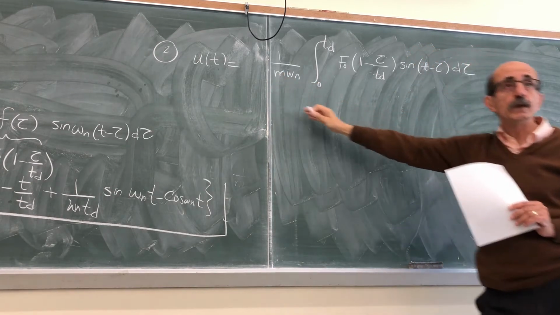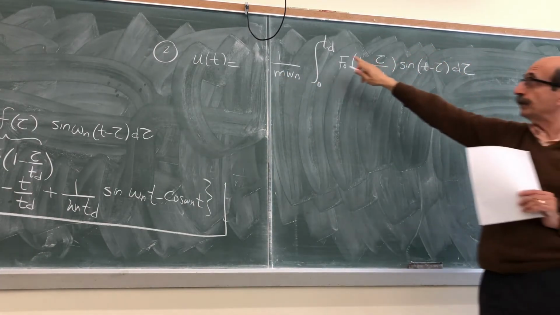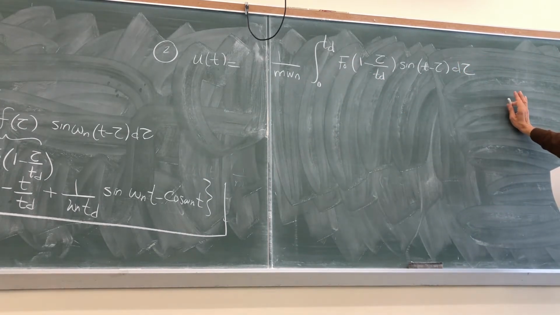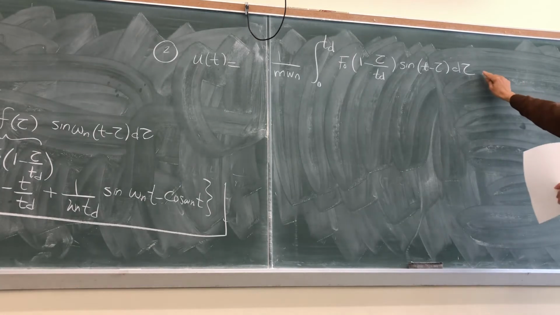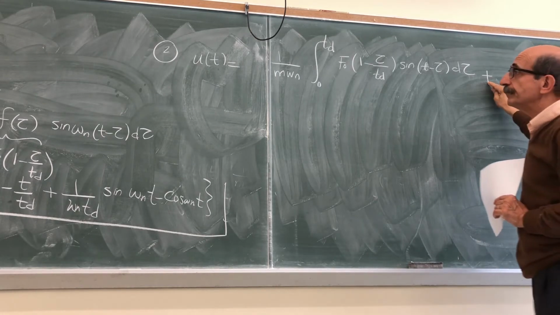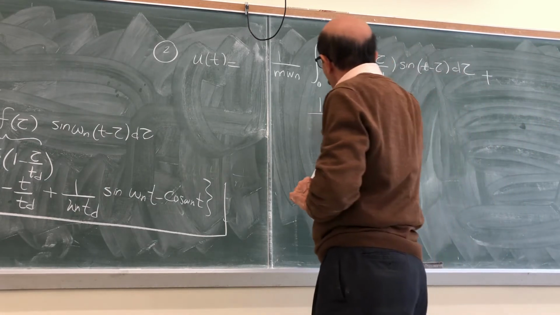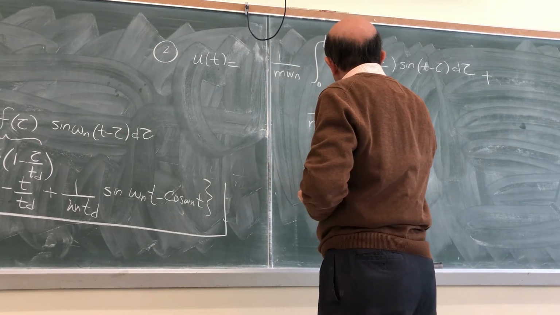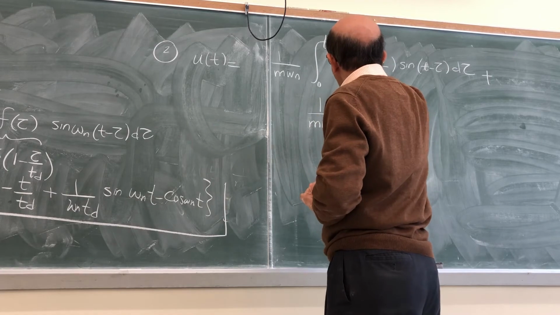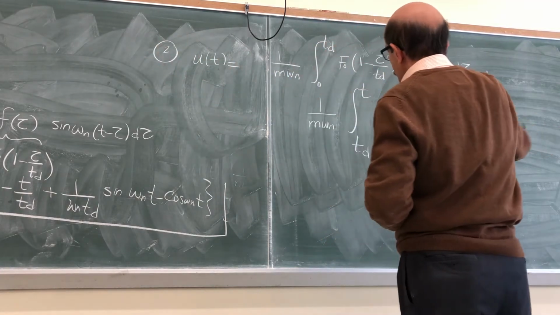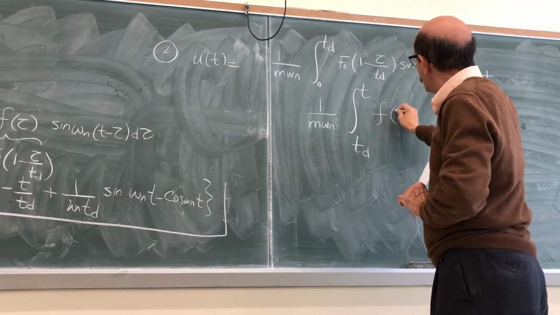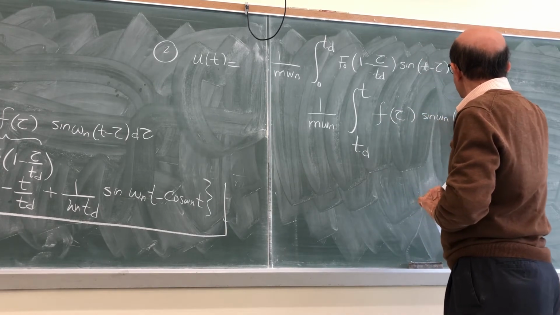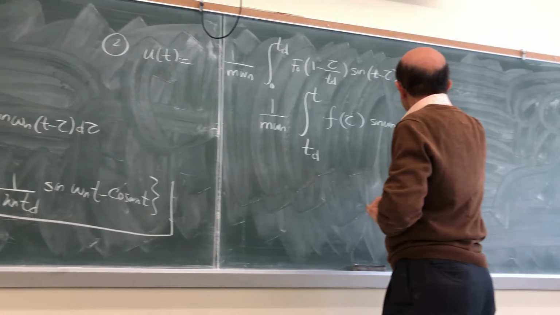So you evaluate this up to this point now. The complete displacement up to that point, plus the 1 over m omega n integral from td to any time t after that of f of tau sine omega n (t minus tau) d tau.